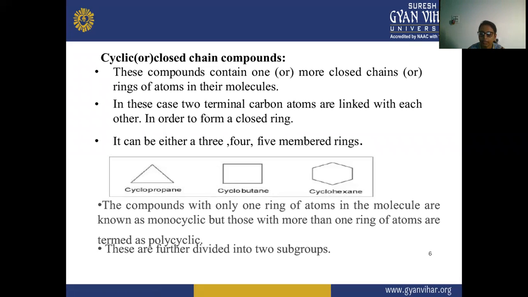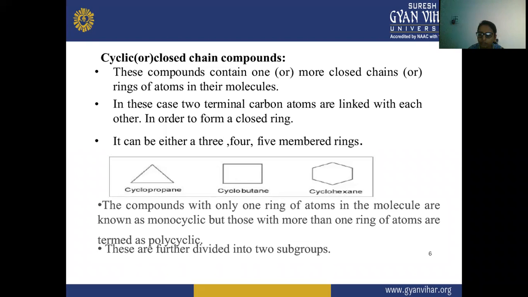So in these cyclic or closed chain compounds, the two terminal carbon atoms are linked with each other and form a closed chain, and they form a three, four, or five membered ring.